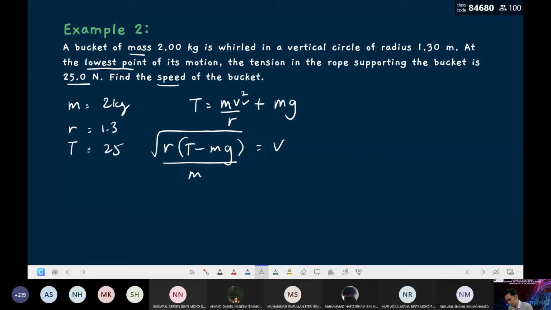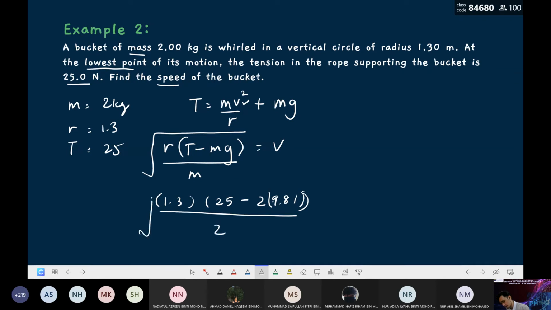Betul? Setuju. Okay, jadi r is the radius 1.3 and the tension is 25 minus 2 times gravity 9.81, divide by 2, square root kan, then we get the velocity.